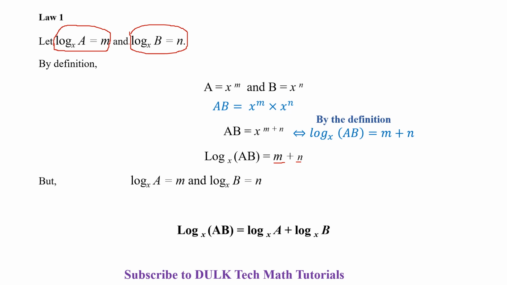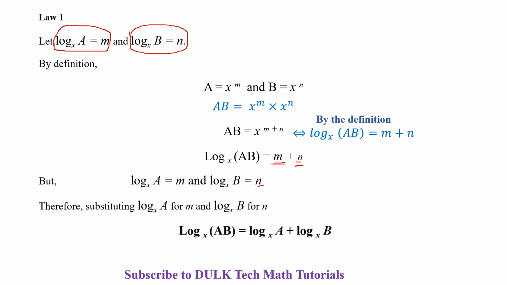So we are saying, substituting log a base x for m here and log b base x for n here, we find out that log ab base x is equal to log a base x plus log b base x, where this one is m and this one is n. Right. So this is our first law.